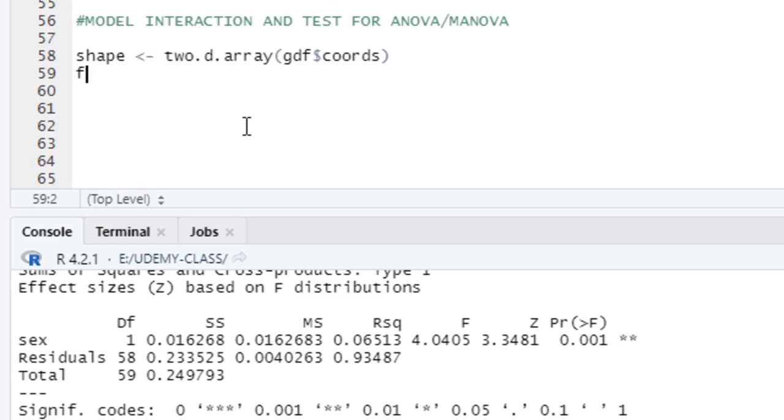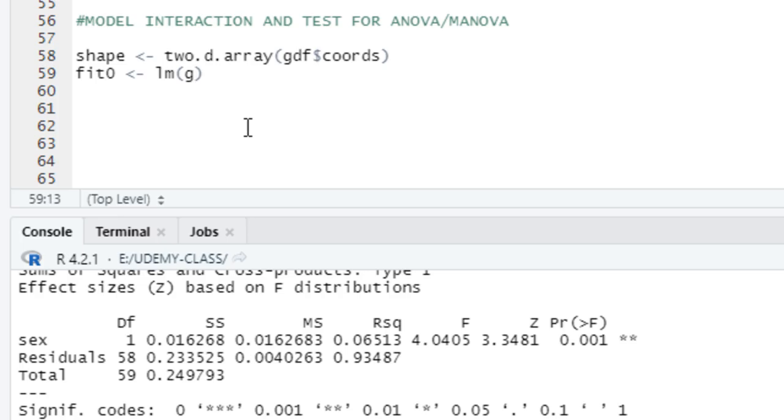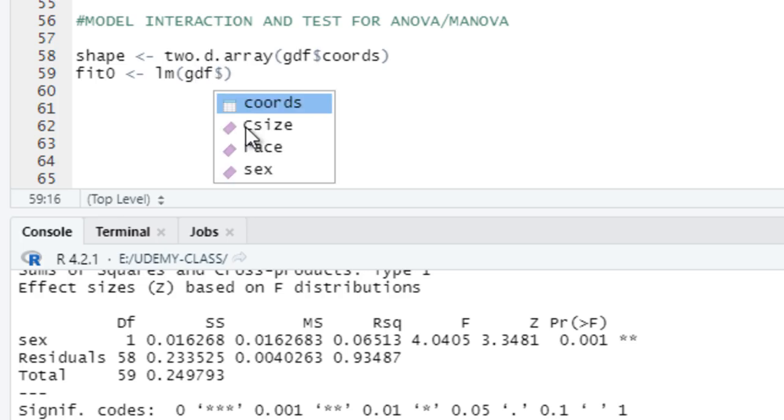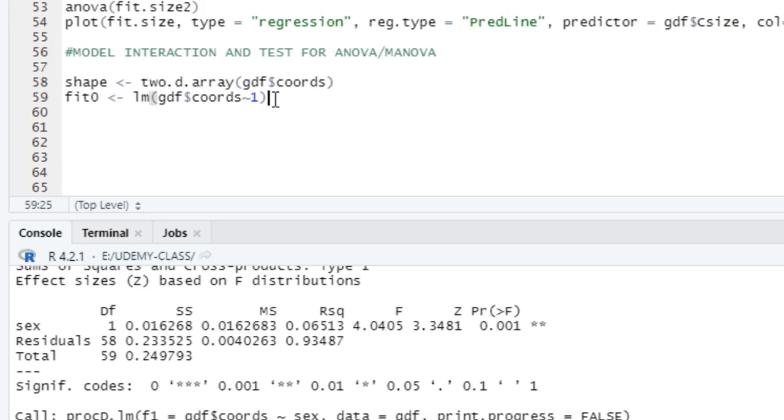Now let's fit 0 and look at the intercept. We have LM, you can call LM, that is a linear model, on GDF dollar coordinates, minus 1. This is for the intercept actually.